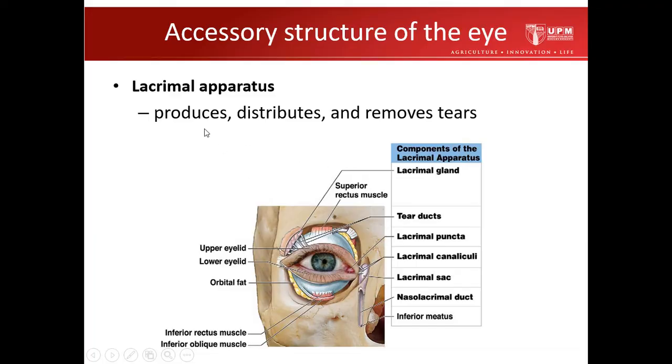The lacrimal apparatus produces, distributes, and removes tears. Tears are very important because they keep the conjunctival surfaces moist and clean. Tears also reduce friction, remove debris, prevent bacterial infections, and provide nutrients and oxygen to portions of the conjunctival epithelium.